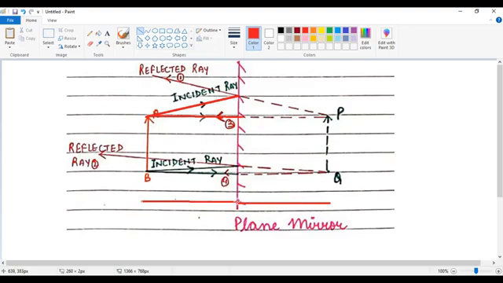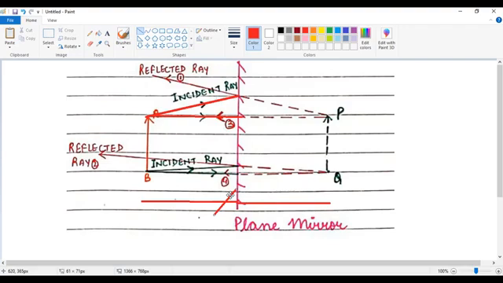This is the property of image formed in plane mirror, that the distance between the object and plane mirror is equal to the distance between the image formed behind the plane mirror and the mirror.